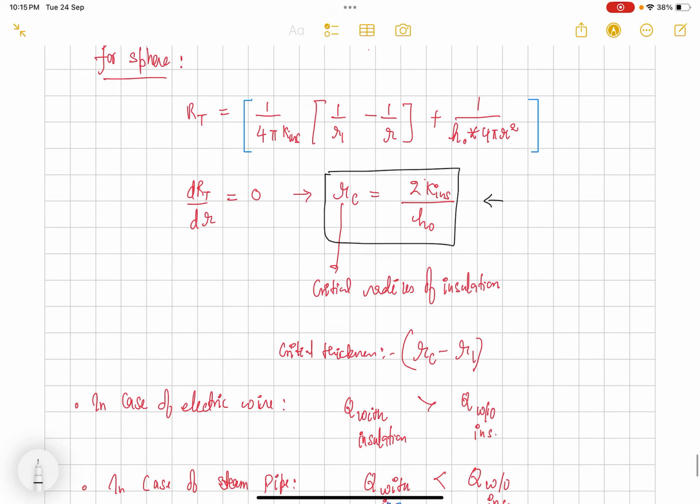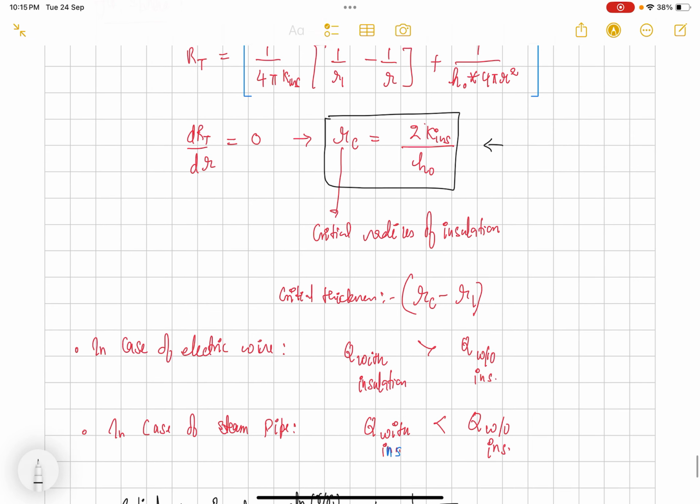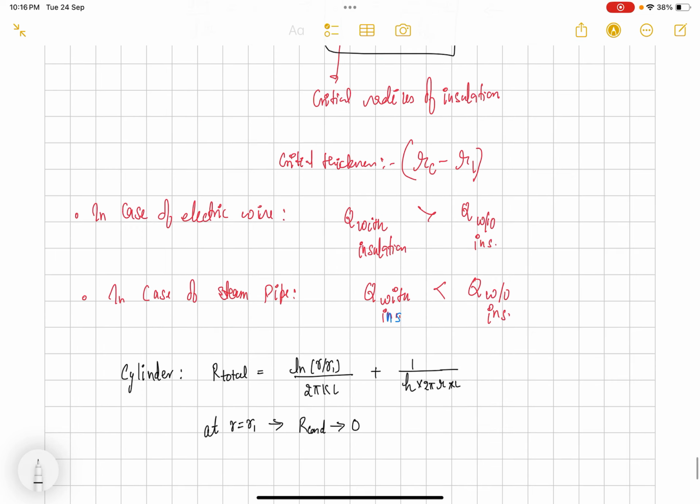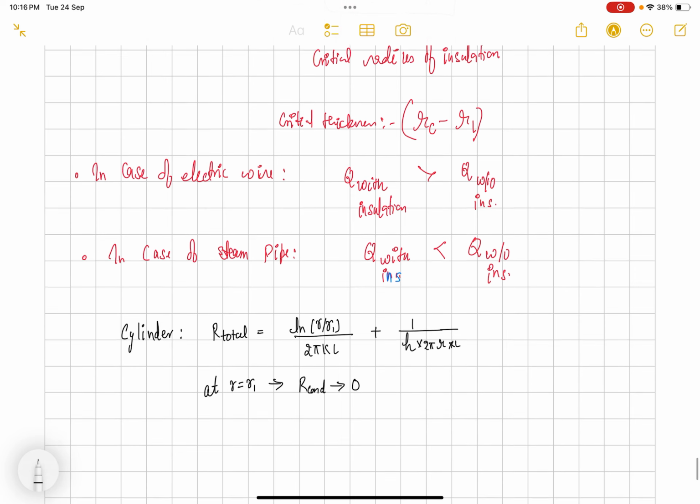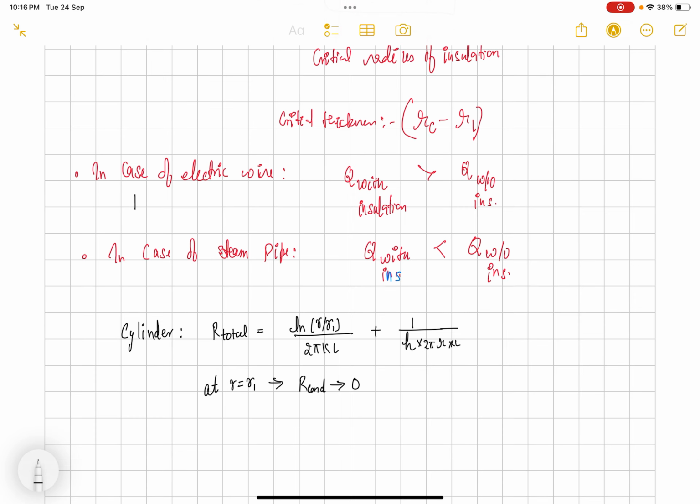So also we have looked at the purpose of the electric wire: to provide safety, and we insulate them to provide safety from electric shock. That is the first reason from the electrical point of view, and from the thermal engineering point of view we insulate them to increase the heat loss. So in case of electric wire, always remember that we need that heat loss.